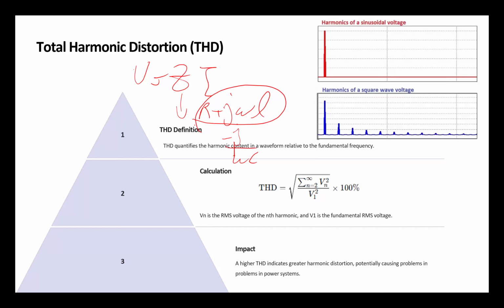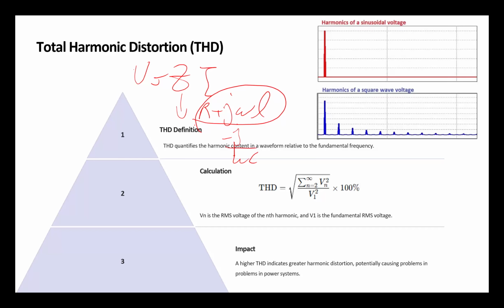So how could we quantify harmonics? As I said, we have several frequencies that all together create that distortion. In order to quantify the whole distortion, we are going to introduce a factor named THD, total harmonic distortion. THD is the main factor to analyze harmonic distortion in a power system, so you are going to work with THD a lot.